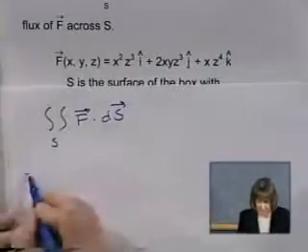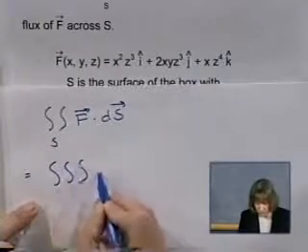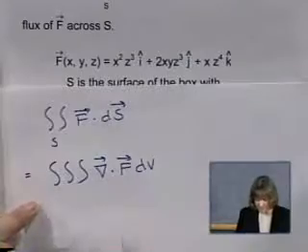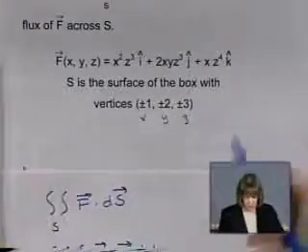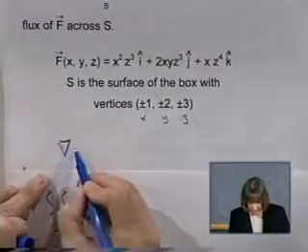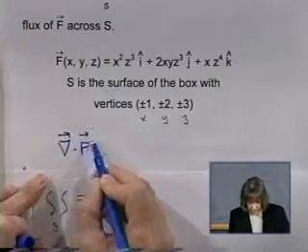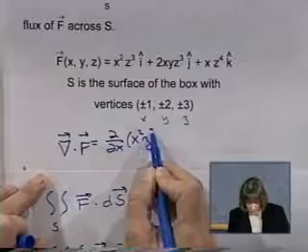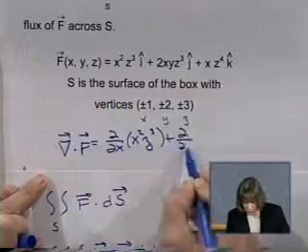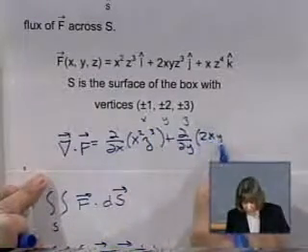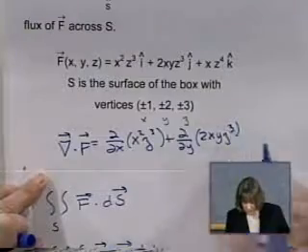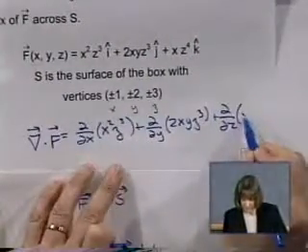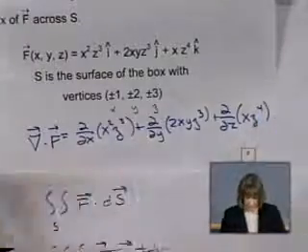But instead, we're going to say this is equal to the integral over the solid of del dot F dV. So what we want to do first of all is figure out what's del dot F. Well, del dot F is the partial with respect to x of the x component plus the partial with respect to y of the y component, that's a cube there, plus the partial with respect to z of the z component.